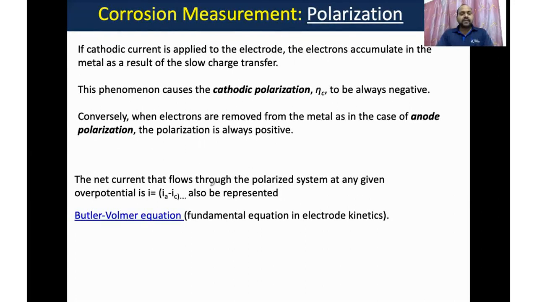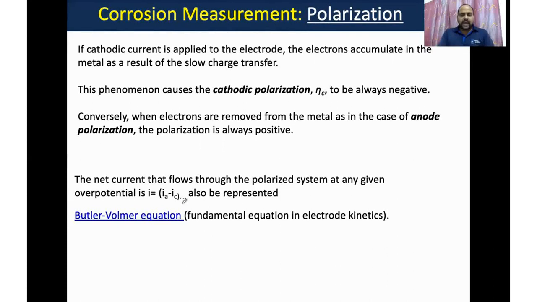The net current that flows through the polarized system at any given overpotential is I. That is basically the difference between the current passing through the anode and the current passing through the cathode. If the same current passes through both electrodes, cathode and anode, then there will be no polarization. So if you want to measure the current creating the polarization, you need the difference between these two currents.